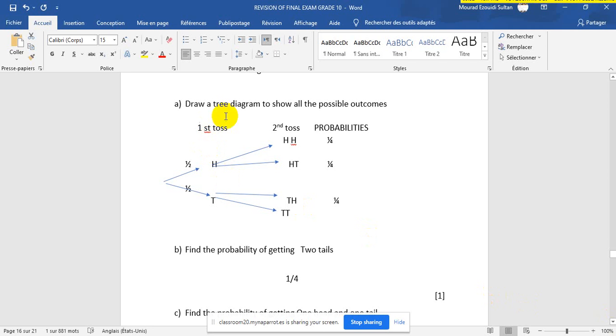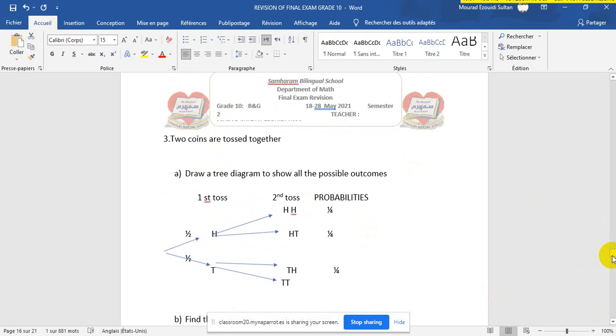Draw a tree diagram to show all the possible outcomes. We tossed two coins together. We have the first toss and the second toss. In the first toss, my daughters, in the exam, you will make a branch or an arrow starting from a dot, any dot.